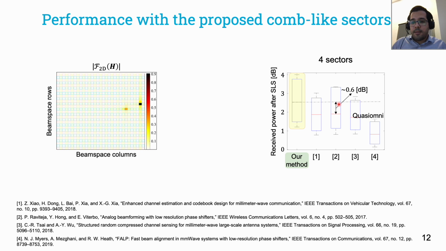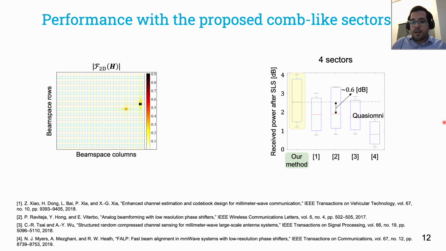This is because the other methods suffer from leakage effect due to their low resolution hardware that we've seen earlier. But our sectors are designed in such a way that they can illuminate complementary sectors even with extremely low resolution hardware. That's the main reason that we get a higher received power with the best sector using our method.